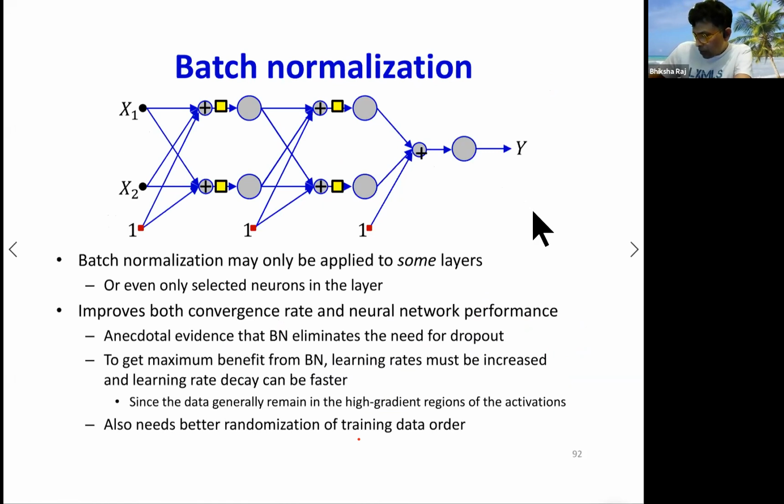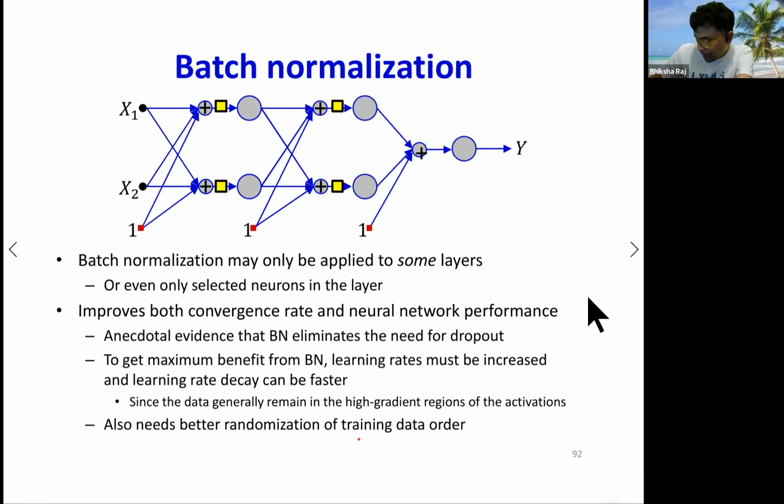But to get the maximum benefit from batch norm during training, the learning rates must be increased and the learning rate decay can be faster. That's because the data end up being normalized, so you get better gradients, and a larger learning rate gets you faster convergence, but to counter it, the decay must be faster.